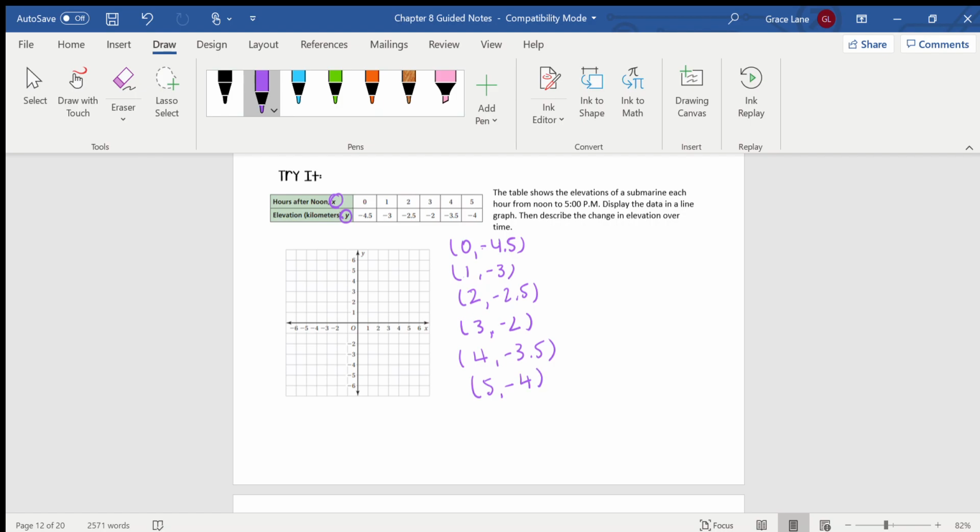Okay, so then just go ahead and plot your points real quick. 0, 4.5, 1, 3.